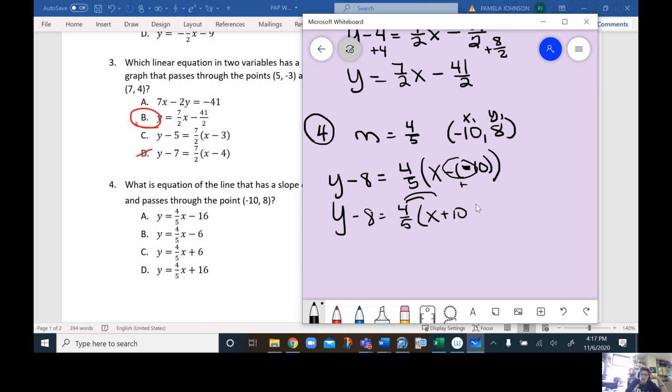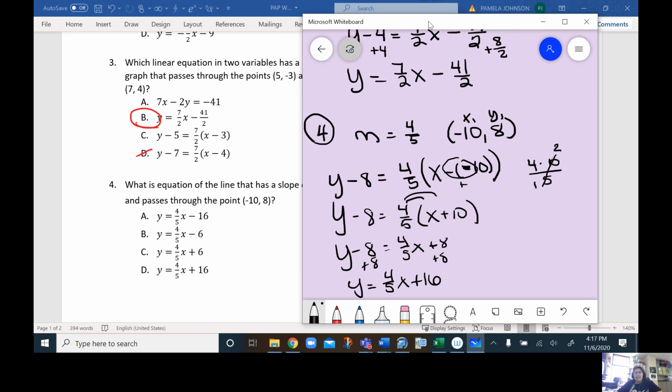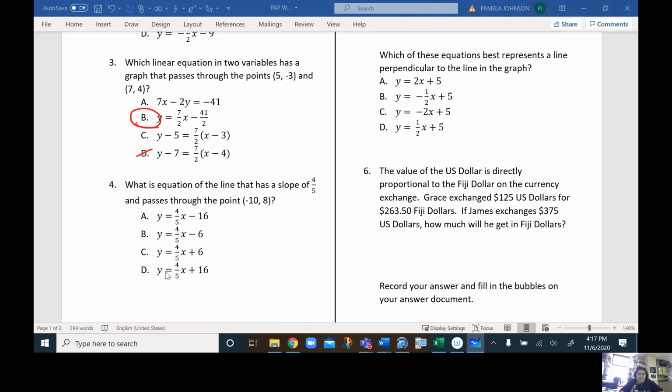We need to distribute this 4/5. y minus 8 equals 4/5 x and 4/5 times 10. 10 divided by 5 is going to be 2, and that gets rid of the 5. So 4 times 2 is 8. Then I'm going to add 8 to both sides so that y equals 4/5 x plus 16, which is answer choice D.